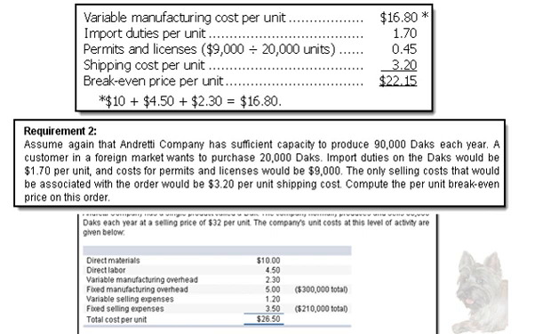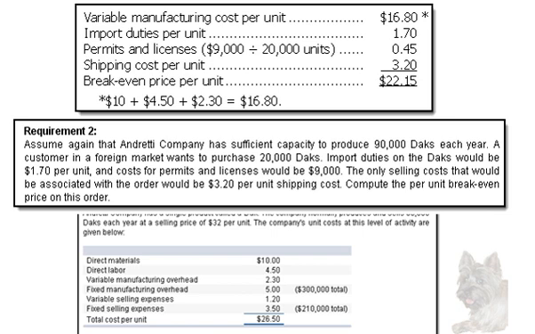We already know that the variable manufacturing cost was $16.80, right? $10 plus $4.50 plus $2.30. Those are our variable manufacturing costs that will be incremental to this particular situation. Then we also have to add in the import duties per unit, which was $1.70. They gave us that. And permits and licenses were $9,000.